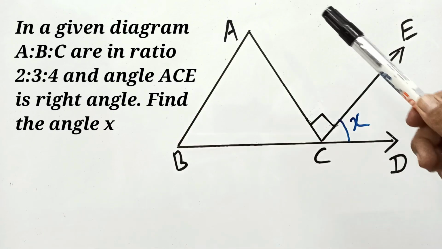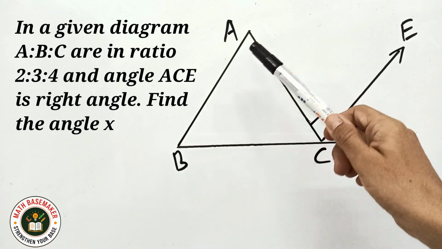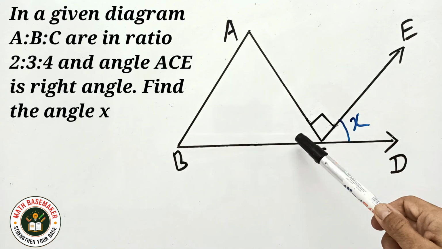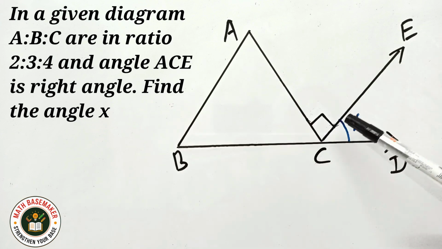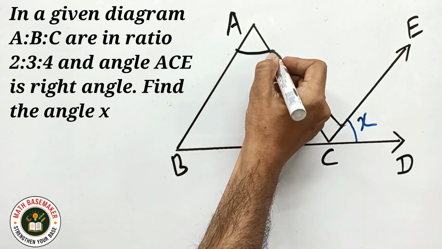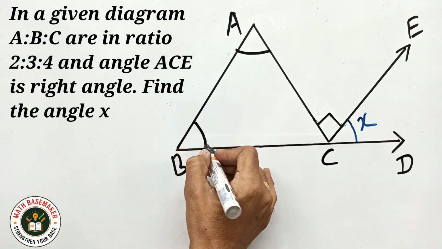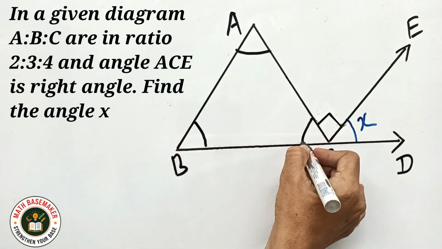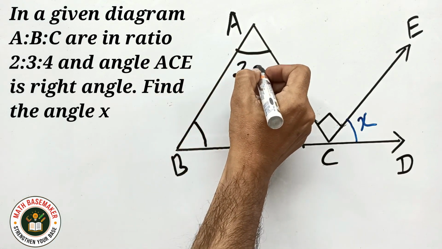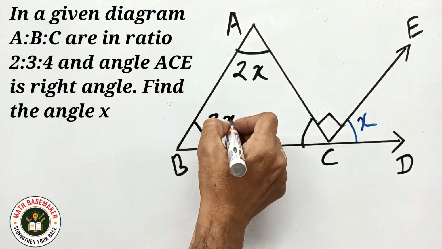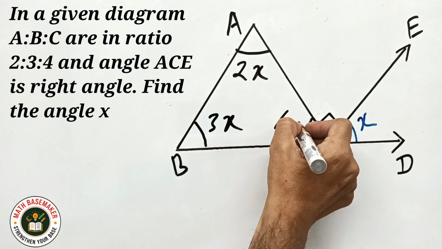In a given diagram, in triangle ABC, angles A, B, C are in the ratio of 2:3:4, and angle ACE is 90 degrees. Then find the angle X. Now listen students, these angles A, B, C are in the ratio of 2:3:4. So let us suppose this is 2x, this is 3x and this is 4x.